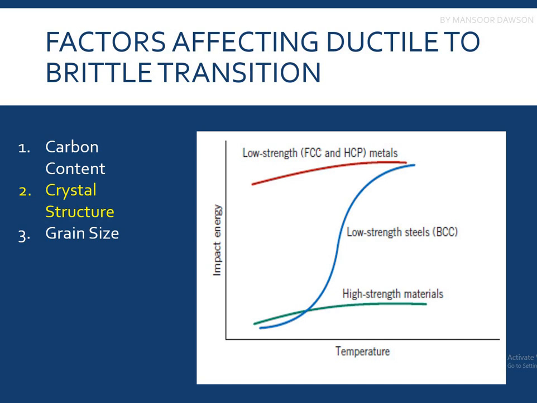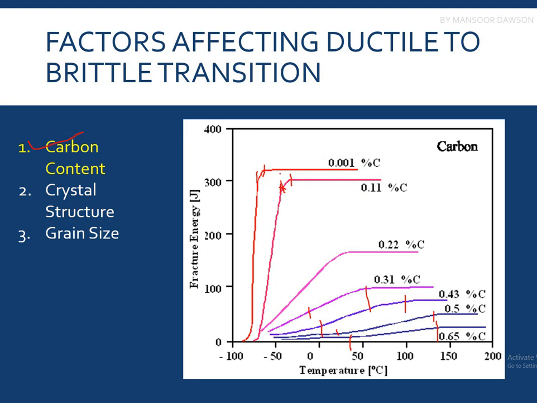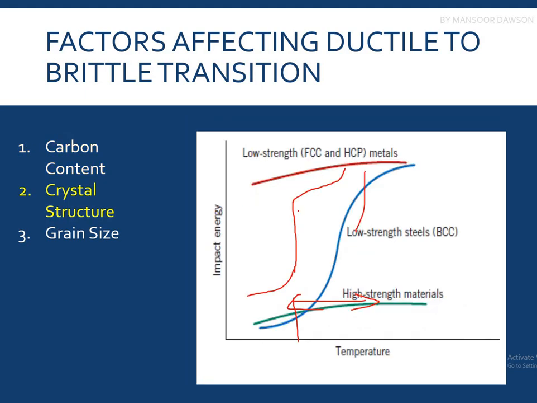And if we have a low strength steel which has a BCC structure, or any other material which has a BCC structure, it would have some ductile to brittle transition. So what is desired is to get a wide range of this temperature rather than a very steep line like this, which we saw in this case. Again, high strength materials do not show this ductile to brittle transition.